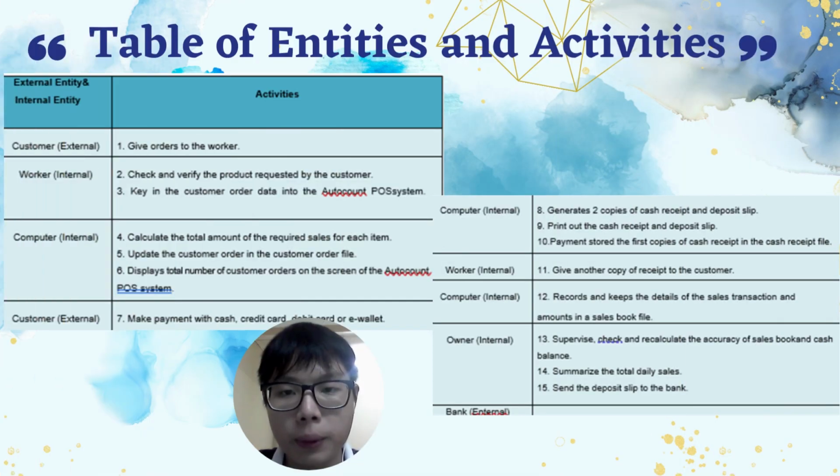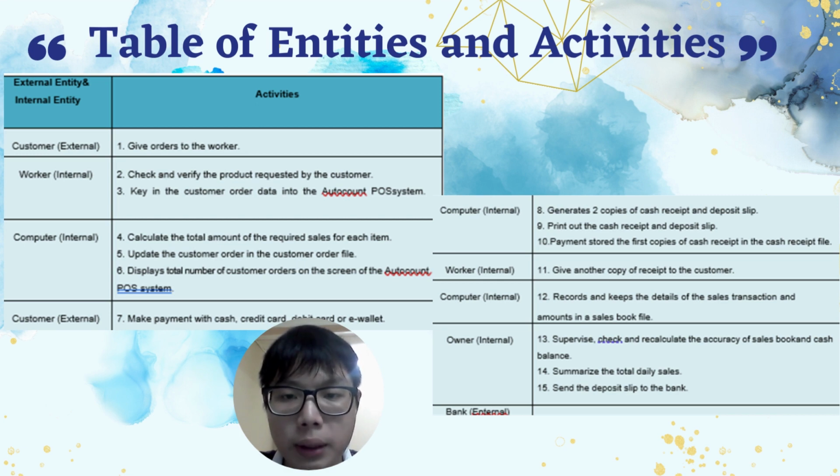Today, I want to present about the tables of entities and activities. There are an external entity and internal entity respectively. The external entity is the customer and the bank, while the internal entity is the worker, computer, and the owner.